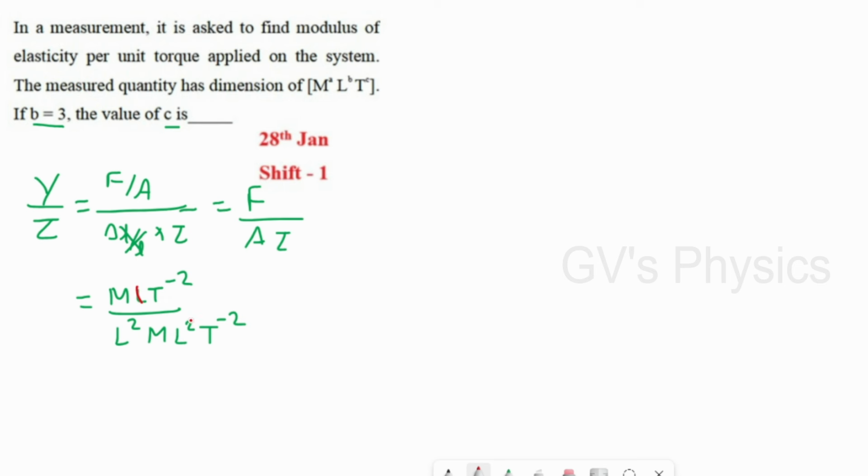L and L will get cancelled, T power minus 2 will get cancelled, mass will get cancelled. So the balance is M power 0, L power minus 3 and T power 0. Here they have given the value for b and asked for c. In the place of c we have 0, so the value of c is 0.